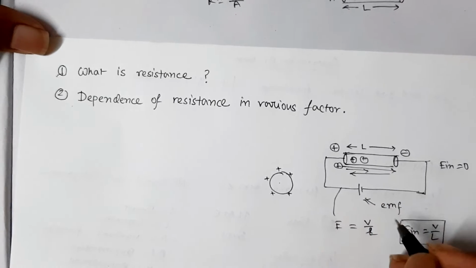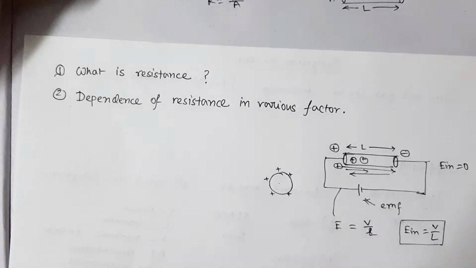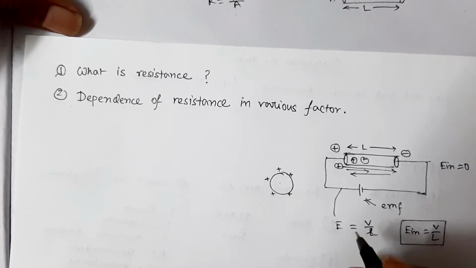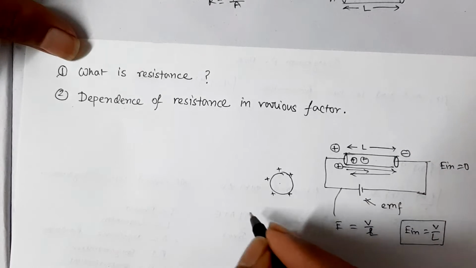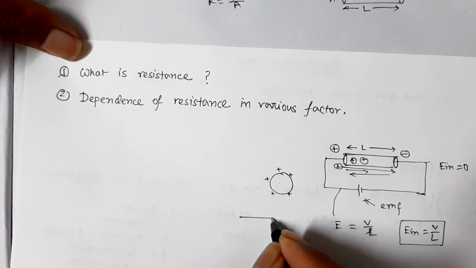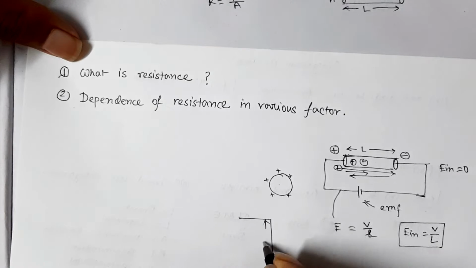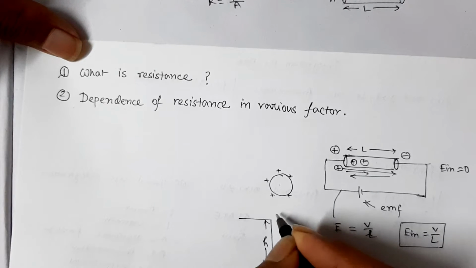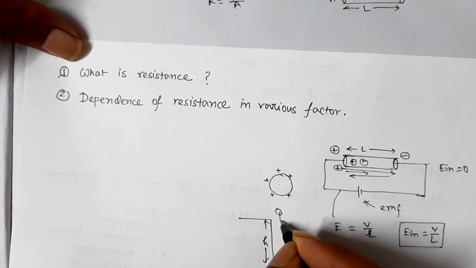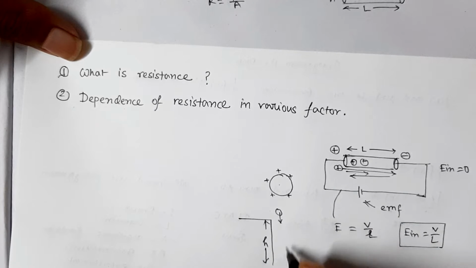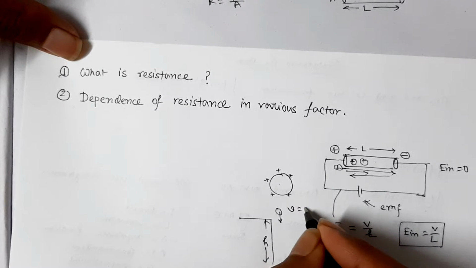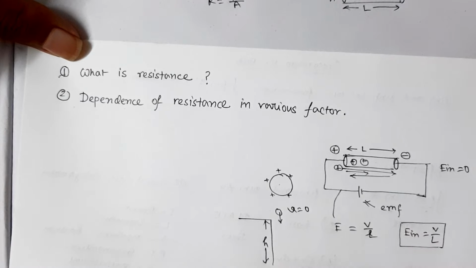Now what happens if we give a potential difference? Consider an object falling from a height h. The object is thrown from this point, so the initial velocity is equal to 0.